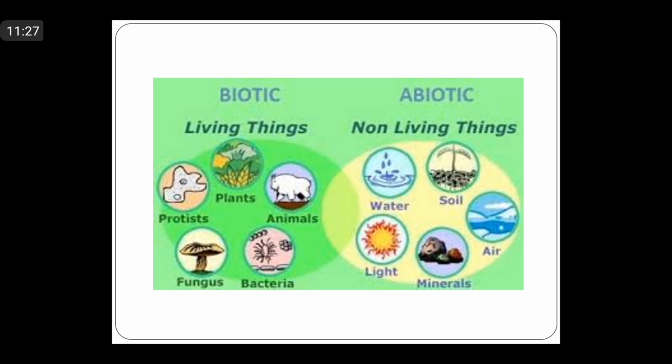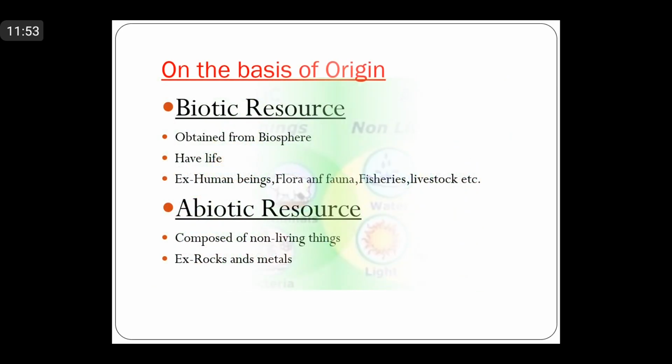On the basis of origin, resources are classified as biotic and abiotic. Biotic means living things, and abiotic means non-living things: water, soil, light, minerals, air. Living things are your plants, animals, vegetation, and all these are biotic, living, and abiotic, non-living, as you have read in your junior classes also.